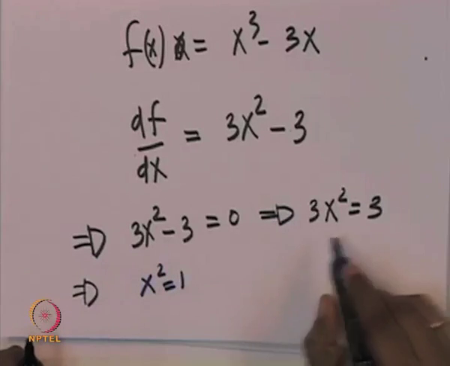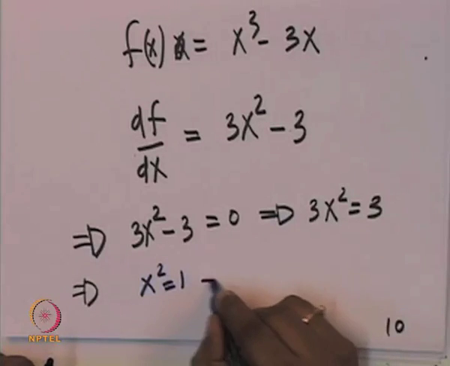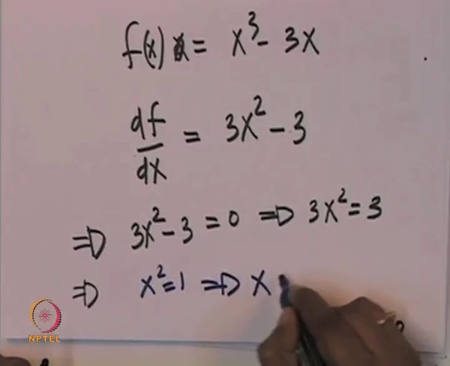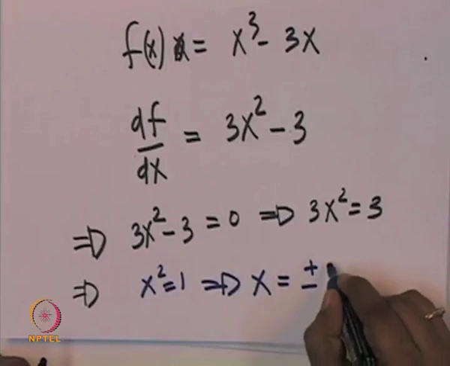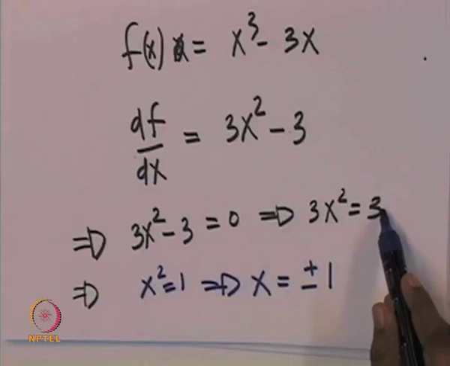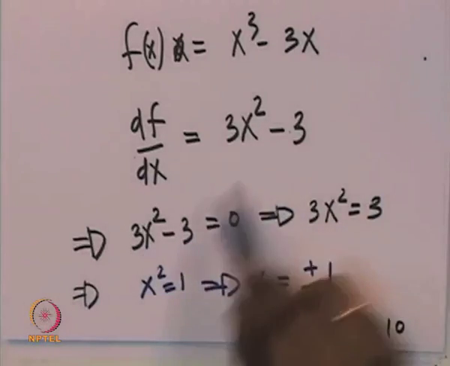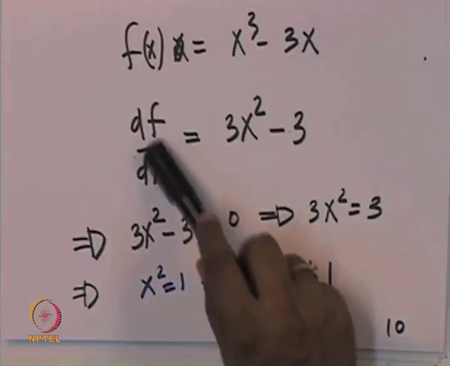I can cut this 3 and 3, which means that x square is equal to 1. When x square is equal to 1, 3 x square is 3, which implies that x is plus or minus square root of 1, which is 1 itself. So, when x is plus or minus 1, 3 x square minus 3 is 0. That means, when x is equal to plus 1 or minus 1, the derivative df by dx is 0.